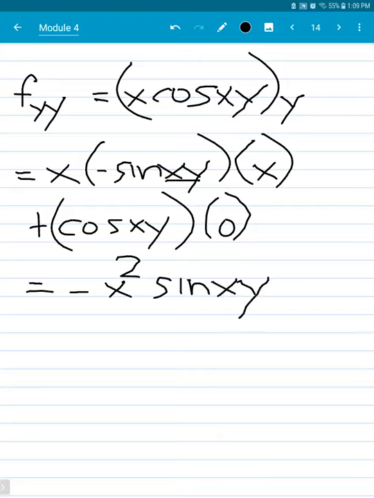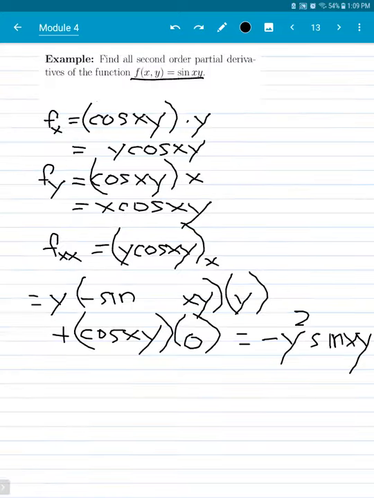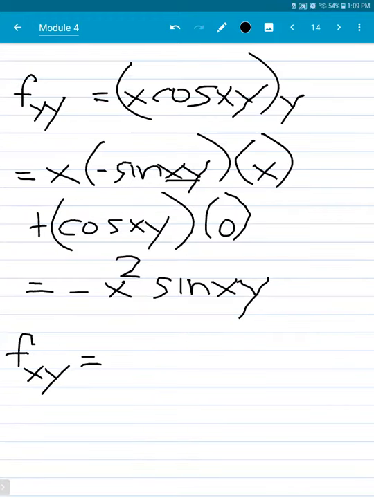Now the cross derivatives. F, x, y. So here we have to do partial with respect to x first. So here it is. Let's copy that. Y cosine xy. So that's it.